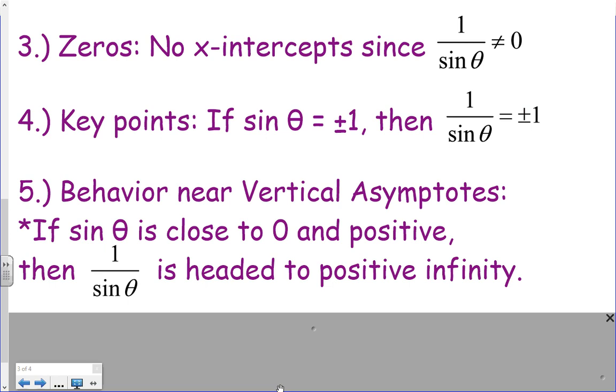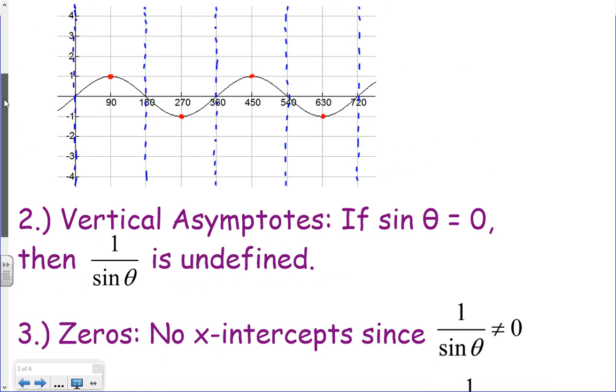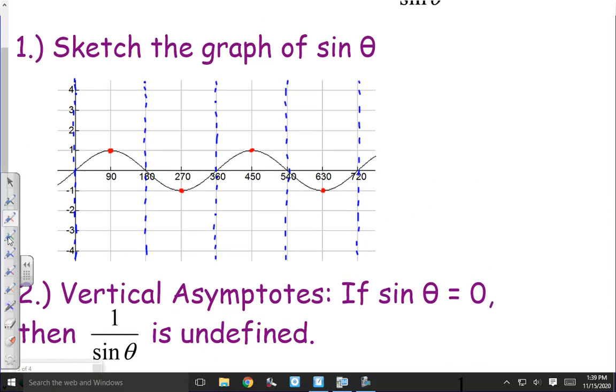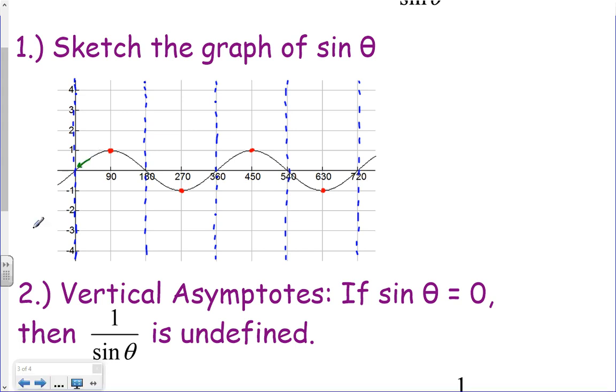So on my sketch up above here, I'm going to come back to this in a second, but on my sketch, what that's saying is, I can see that my sine function, for example, right here is headed towards 0, and it's getting really, really small. They're just barely above the x-axis, but they're positive. Same thing is happening over here.